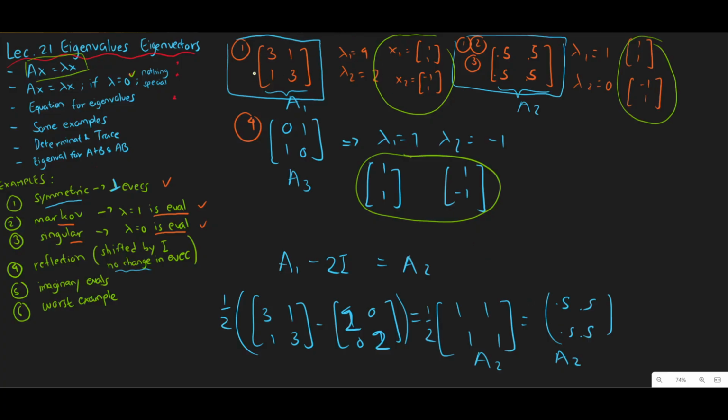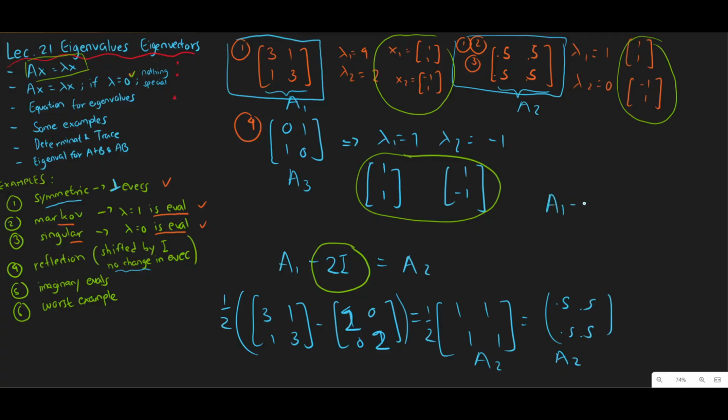And how do I get A1 from A2? By shifting by the identity and then multiplying by some scalar. So in the end, I'm just shifting by identity. The same thing happens if I go from A1 to A3. In this case, it's pretty straightforward.